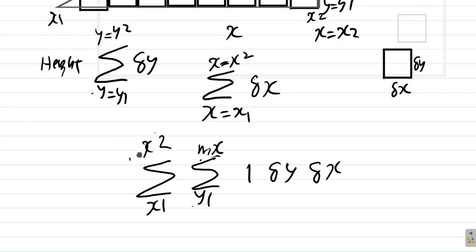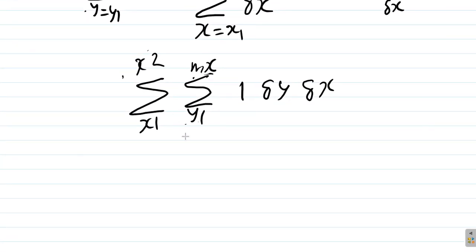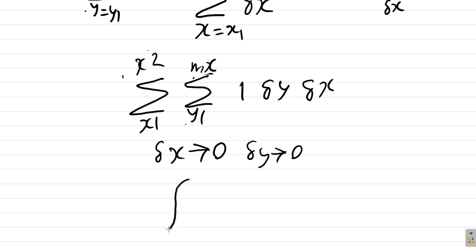When we do the integration for this, these little squares get even smaller, so that the width delta x approaches 0 and the height delta y approaches 0. So the number of them you need gets bigger and bigger and approaches infinity. So at this point, you change the summation sign to an integral sign.